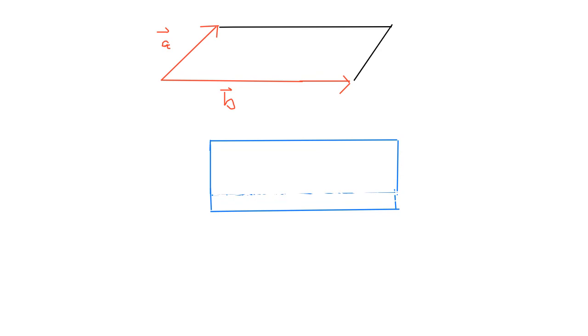Okay, so does it look like these two figures, the parallelogram and the box, have the same area? The parallelogram and the rectangle? Only after cutting the triangle of the parallelogram onto the other side, I could see that, yeah.